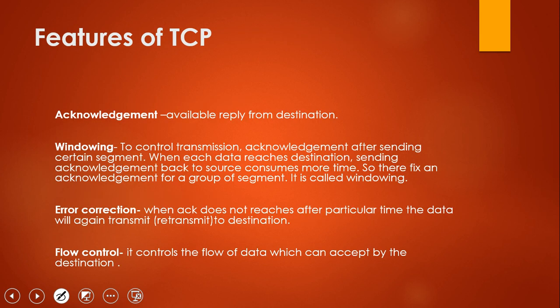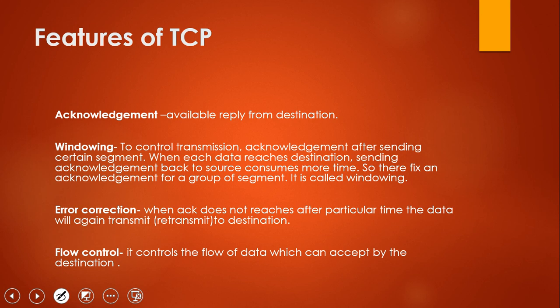Features of TCP: acknowledgement. When you send a packet from source to destination, it is acknowledged, with a reply from the destination. Windowing: to control transmission, acknowledgement is sent after a certain number of segments. If an acknowledgement were sent back to the source for each segment, it would consume more time, so one acknowledgement is fixed for a group of segments. This is called windowing.